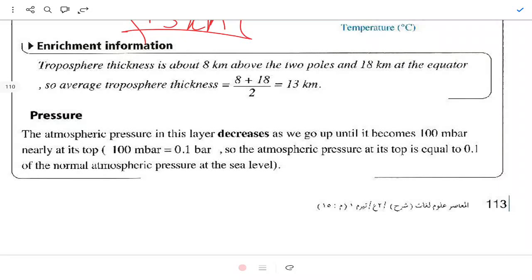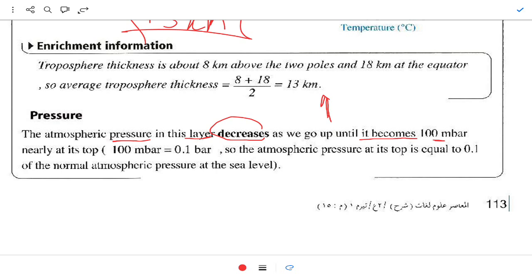As I told you, the atmospheric pressure in this layer decreases as we go up, until it becomes 100 millibar, nearly at its top.